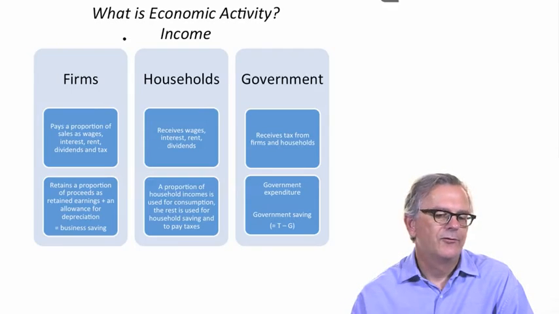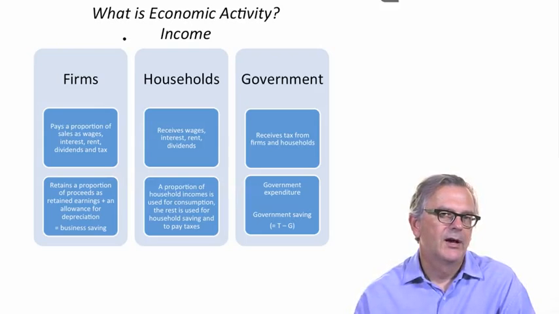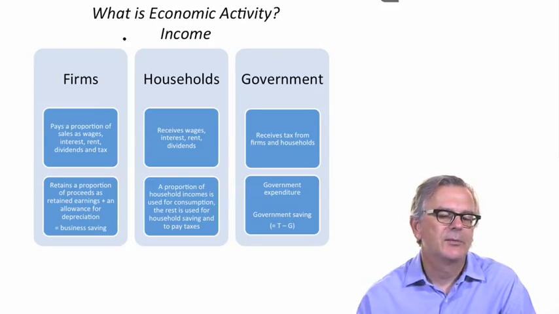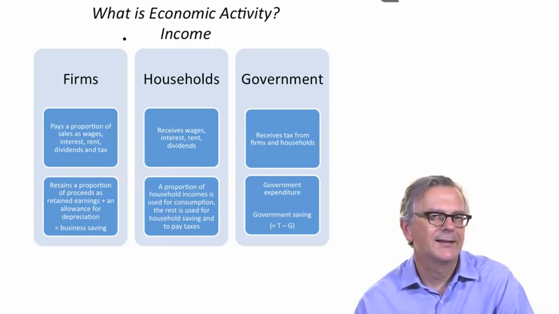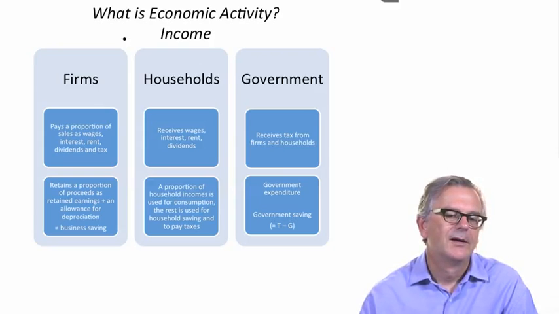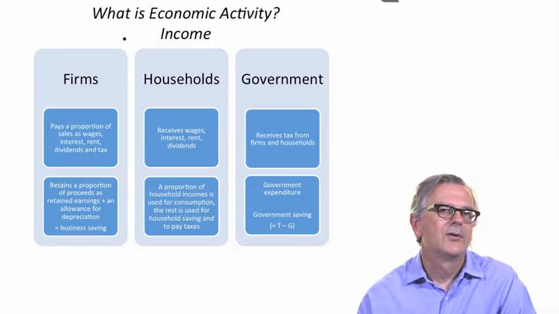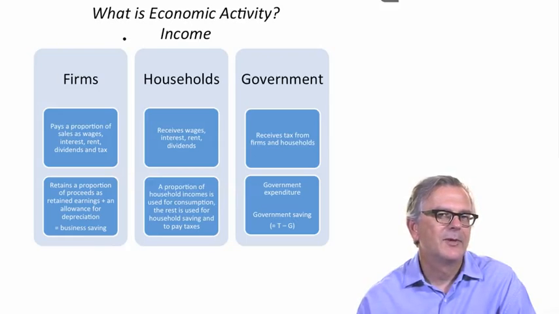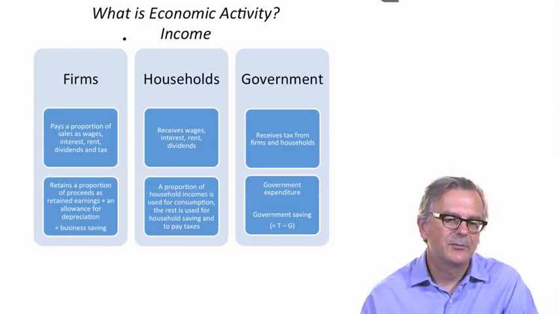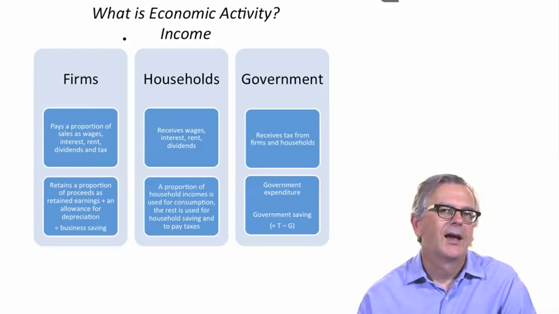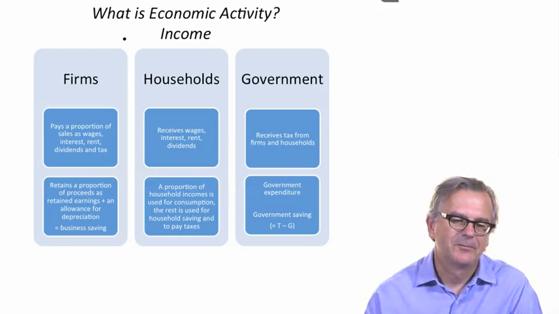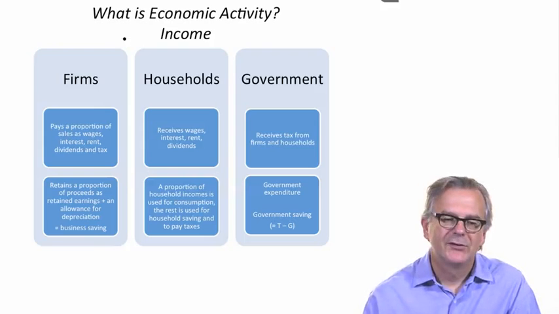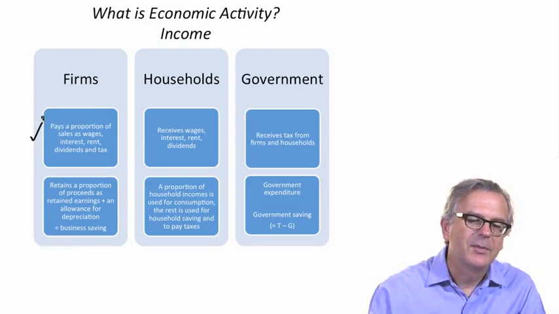Let's start with firms. Firms are producing the output in the economy and then selling that output. And ultimately, that's the source of income in the economy. Income is derived from the production and the sale of output. Now think about the sales receipts that a firm gets as a result of selling its production. And ask the question, what do firms typically do with those sales receipts? Well, some proportion of those sales receipts gets paid out.